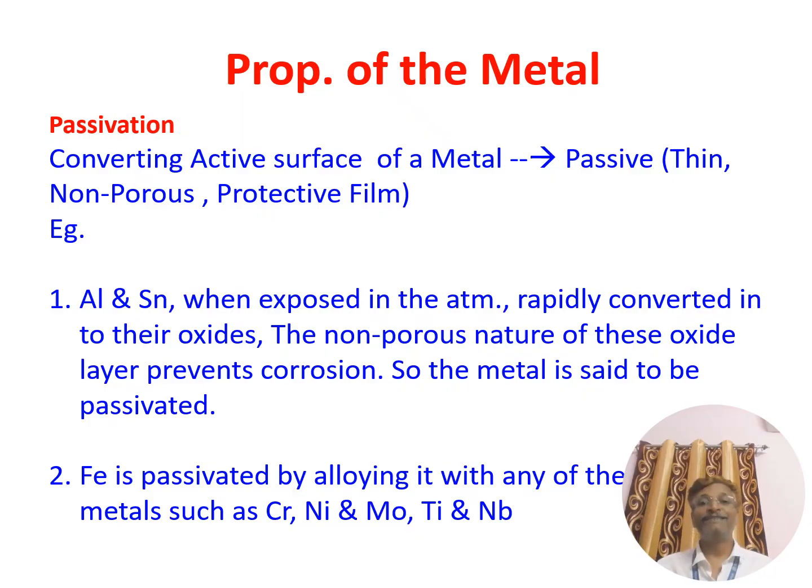That's why the metal is passivated, which means the metal is protected. Similarly, iron is passivated by alloying it with metals like chromium, nickel, molybdenum, titanium, niobium. So iron is passivated by this kind of metal.